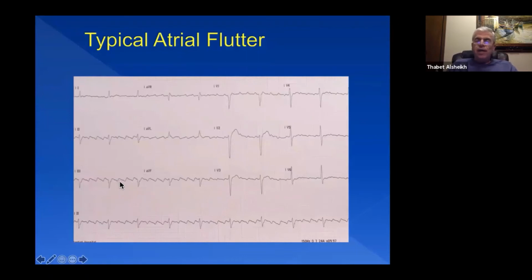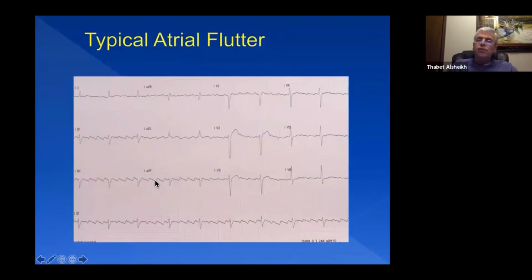And I want to highlight the point that there is always atrial activity going on, a sawtooth with no isoelectric line in between, because the electrical circuit, the activation wavefront, is going around all the time. There is no time where there is no movement of that circuit. So you have no time of silent electrical activity, no time for an isoelectric line to be inscribed.